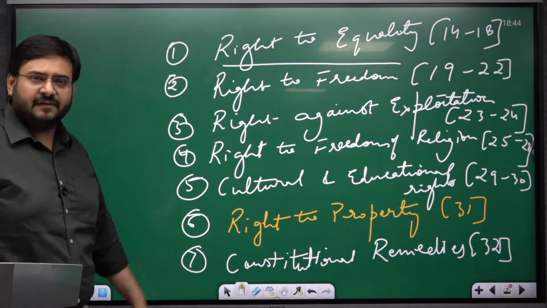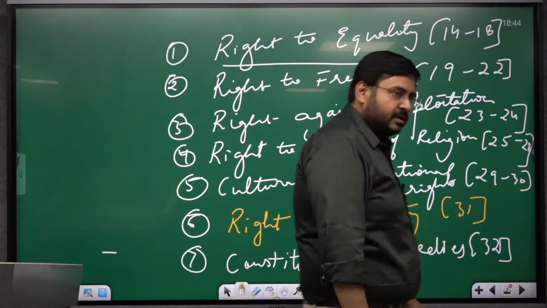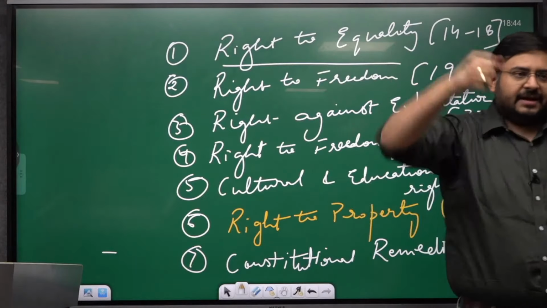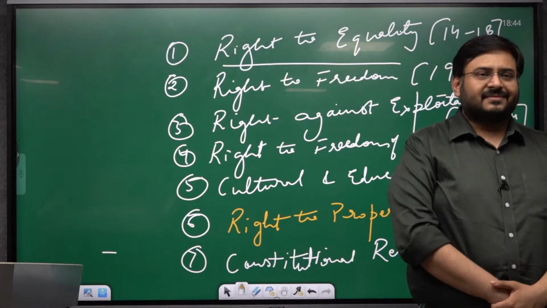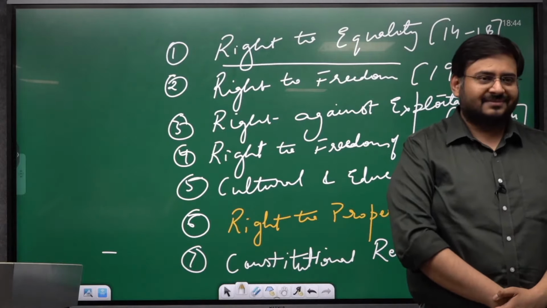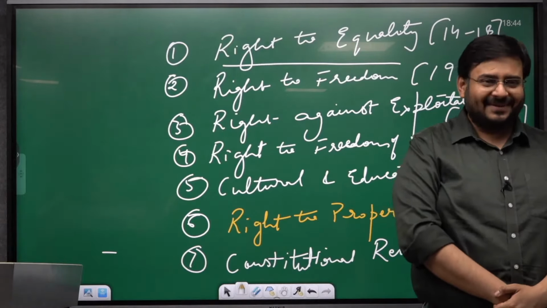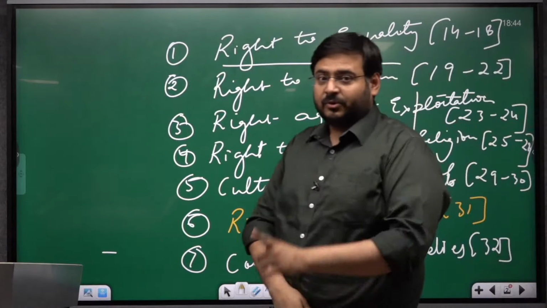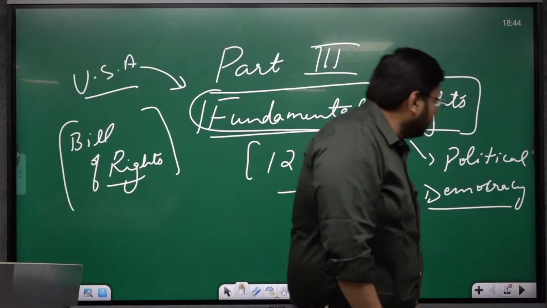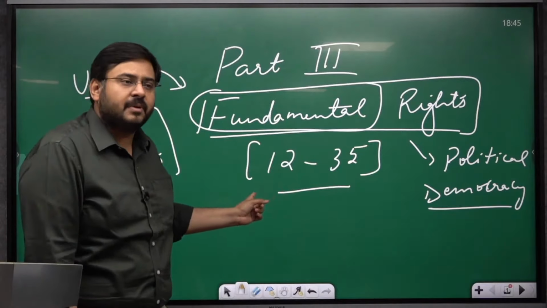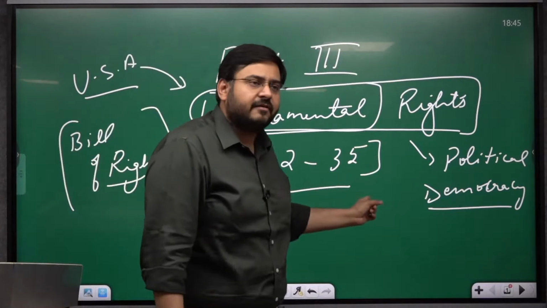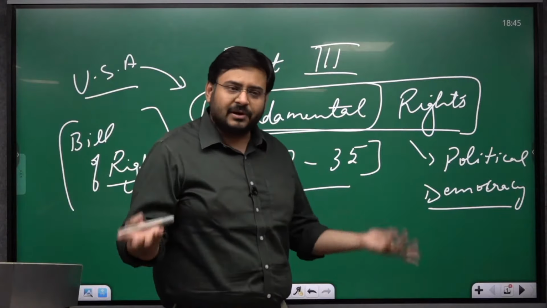Only these are the fundamental rights. Now if a question comes, Article 31A is a fundamental right, true or false? Tell me. What will you do? You will do maths. 31A is in the number line from 12 to 35. So simple a question.